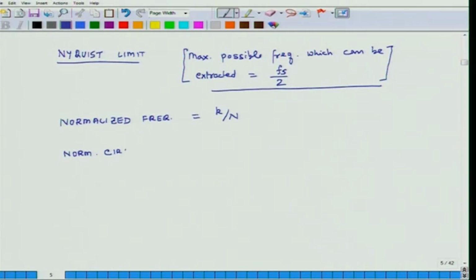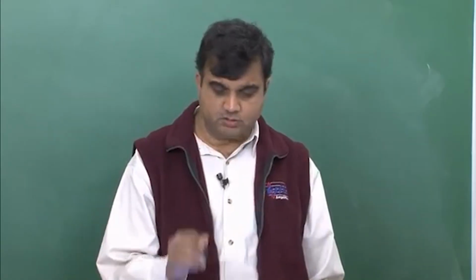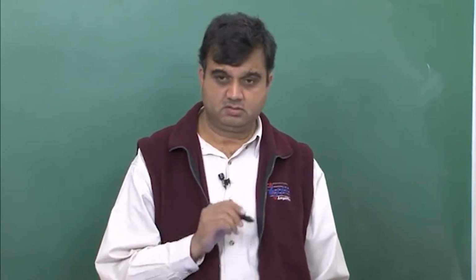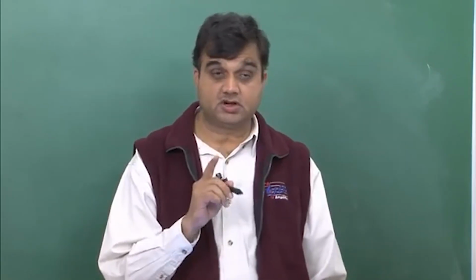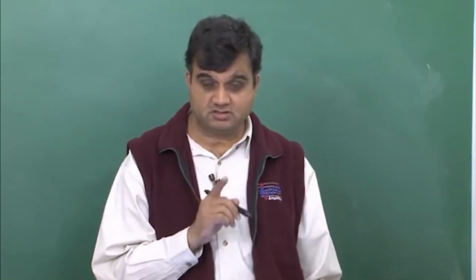Then there is the normalized circular frequency, and that is 2 pi k over N. So each xk is associated with a normalized frequency, which is k over N. And remember, this is not the actual frequency, this is normalized frequency.